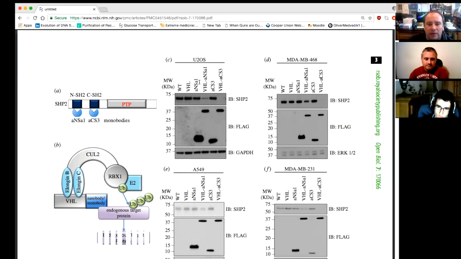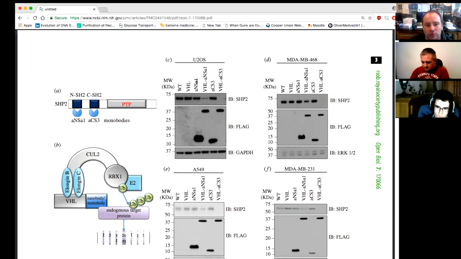They didn't have an antibody against ANSA1 or ACS3, but they had this little tiny flag tag attached to it, which doesn't interfere with the activity of the protein, but you can generate an antibody against it. It just makes things easier because there are already commercially available antibodies for it.